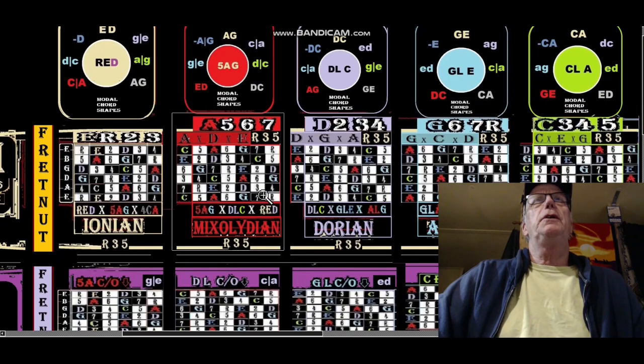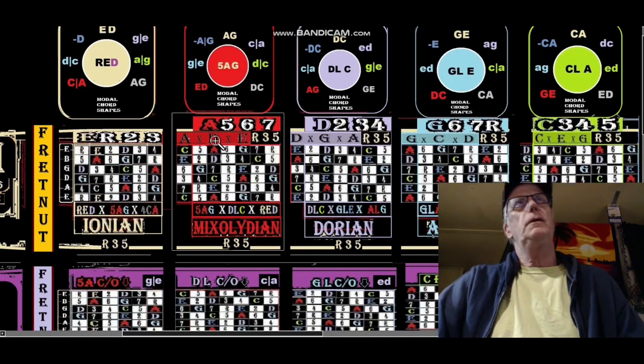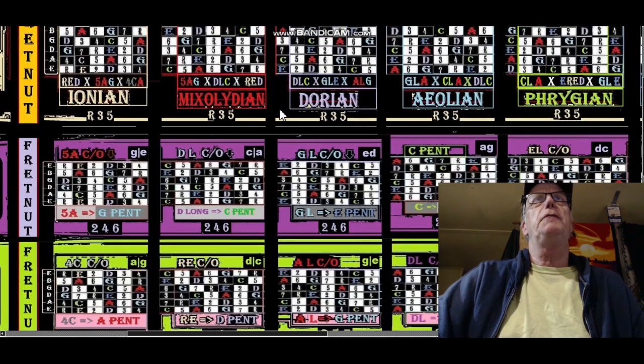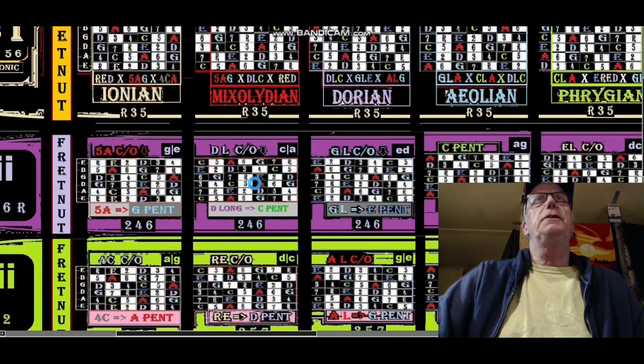In other words, on the 5th of the key that we're in, we're going to play the root 3-5 here. See, I've put the numbers in here for us. 2, 4, 6. This is the D minor, the 2nd minor.